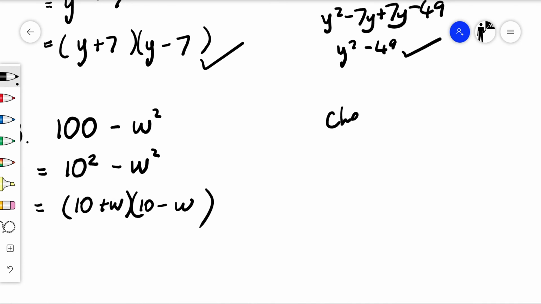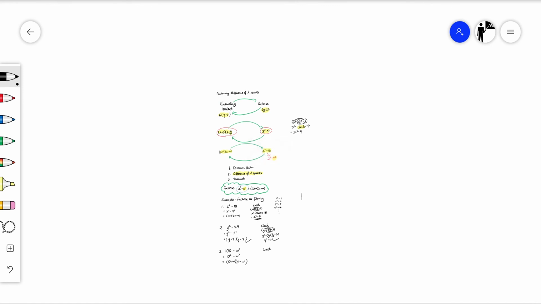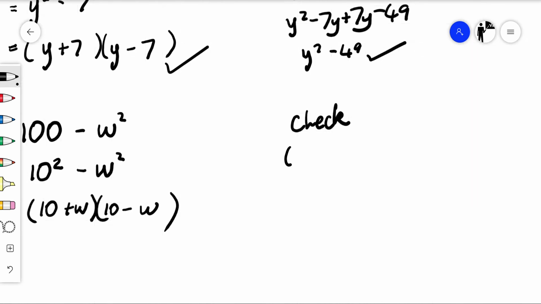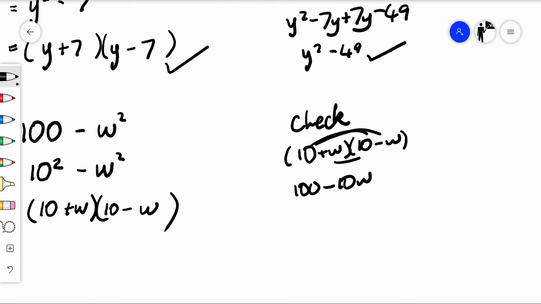If we want to do our check, 10 plus w, 10 minus w: 10 times 10 is 100, minus 10w plus 10w minus w squared, that's going to be 100 minus w squared.